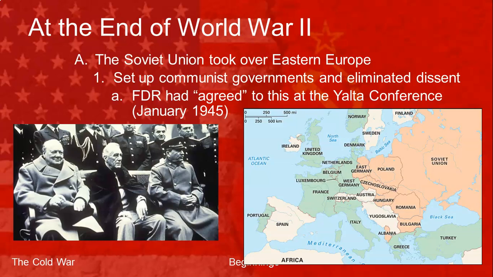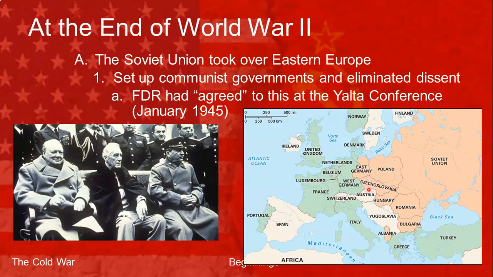Now, the thing about this is FDR, and I put this in quotation marks, agreed to allowing the Soviet Union to take over Eastern Europe at the Yalta Conference. FDR understood Stalin's concern and his basically paranoia over the idea of the West having invaded the Soviet Union.